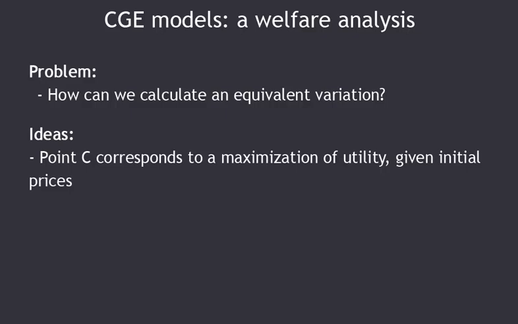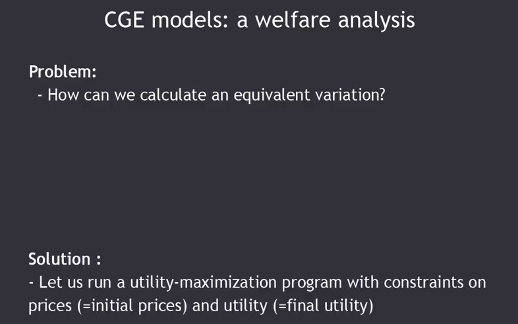And we know the initial prices and the final level of utility. So the solution is, in fact, relatively simple. We have to run the utility maximization program by imposing two constraints. The prices are equal to the initial prices, and the utility is equal to the final utility.